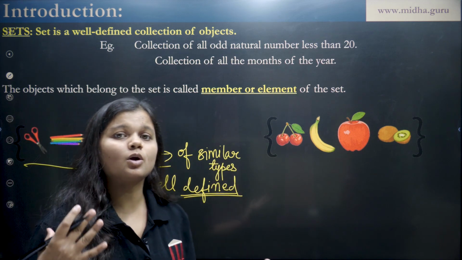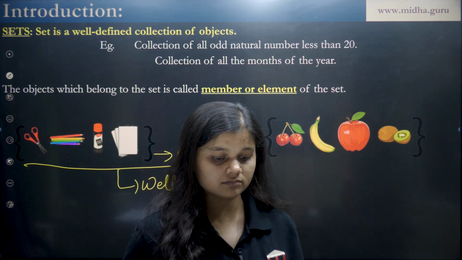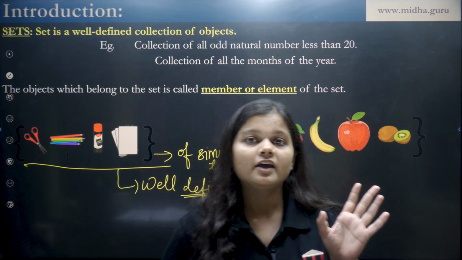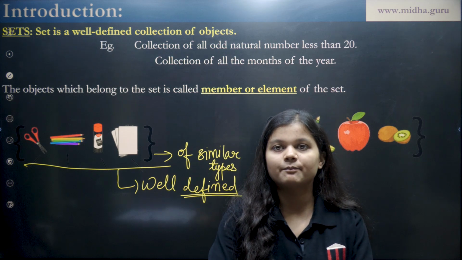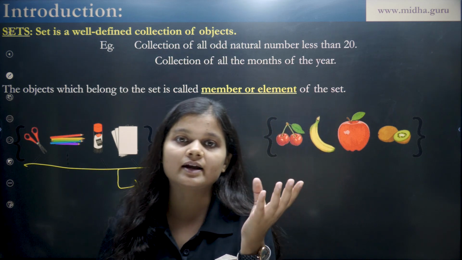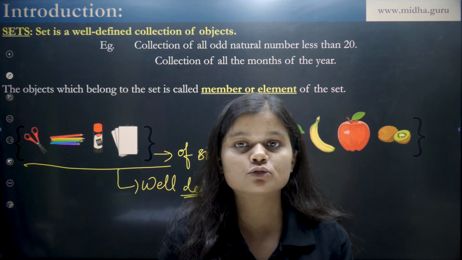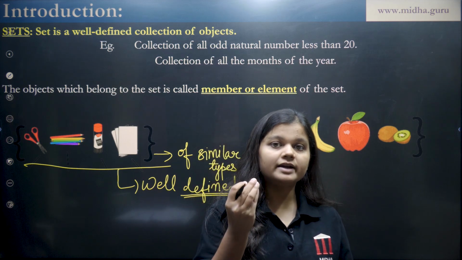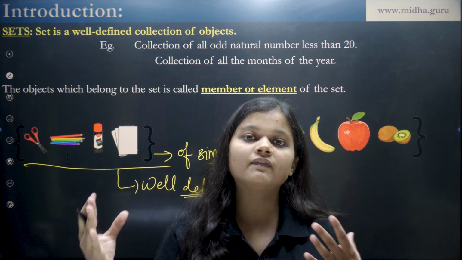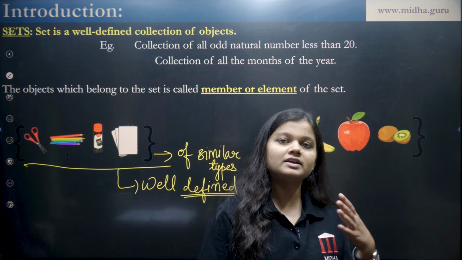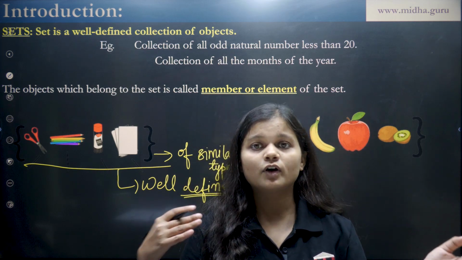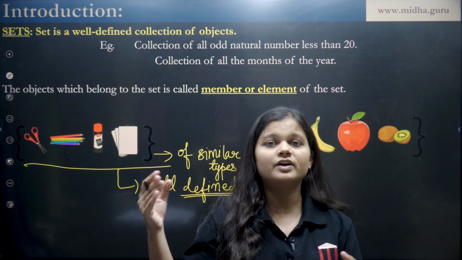If anything is not well defined, for example, just say you have the total number of intelligent students in your class. Intelligence is different for different people. The concept of intelligence is different for one person and different for another.